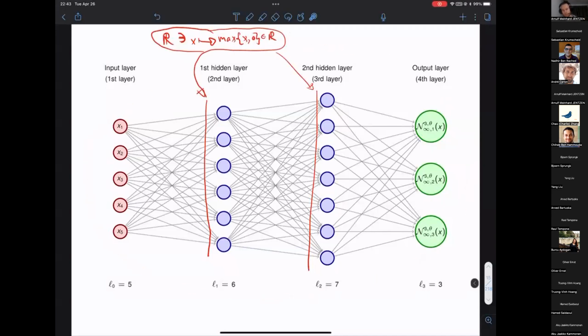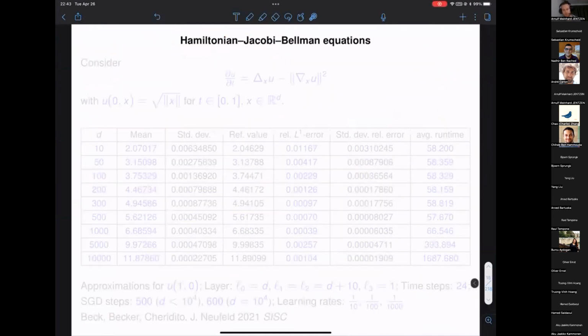Now I want to show you one numerical simulation of such deep learning schemes for high-dimensional PDEs. This is for a Hamilton-Jacobi-Bellman PDE, which links stochastic optimal control problems to nonlinear or semilinear PDEs.